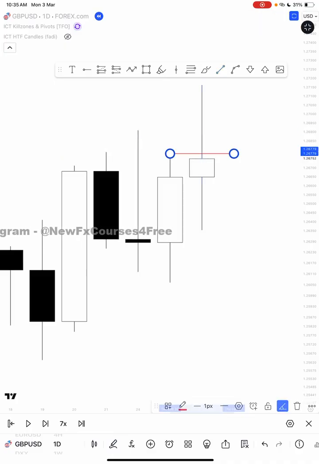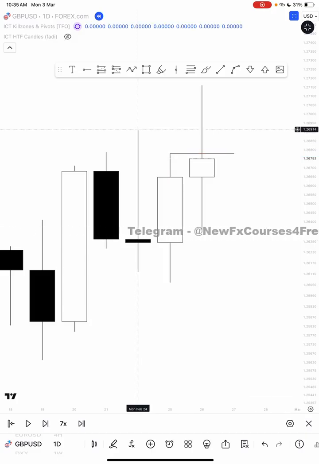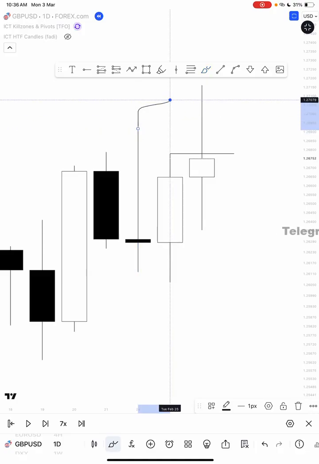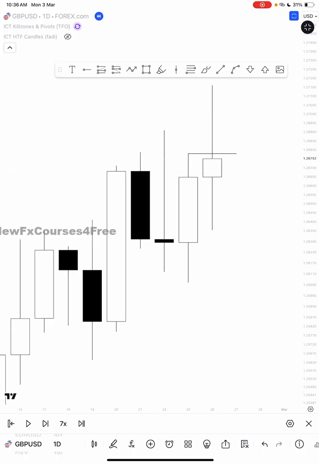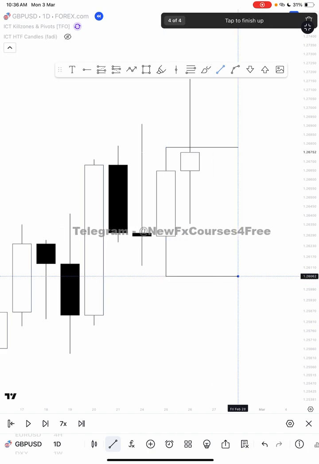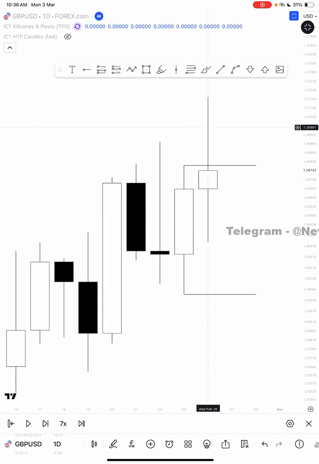You can see the long wick above. Monday high actually already swept, so we're moving from a buy program to a sell program. So yeah, range high and range low here. So range high swept, you can target your range low.